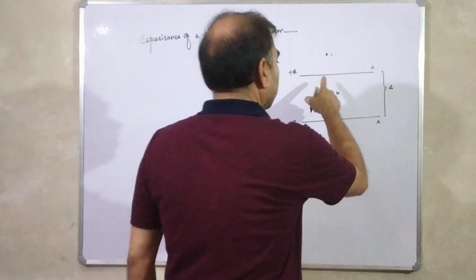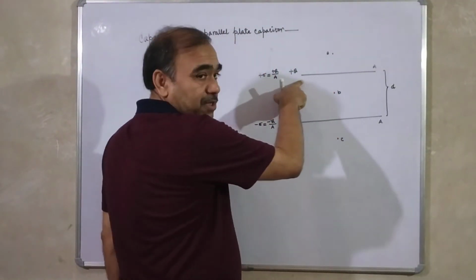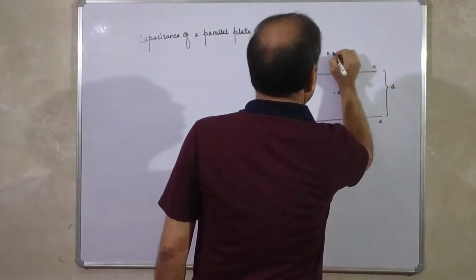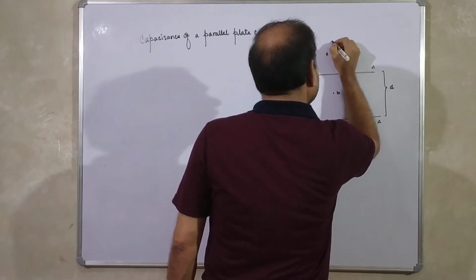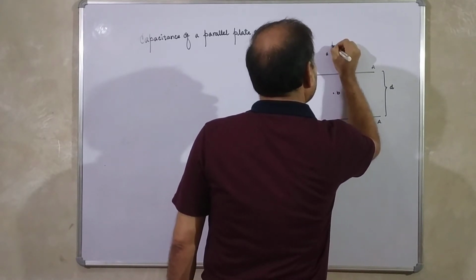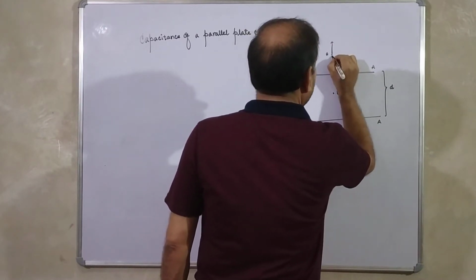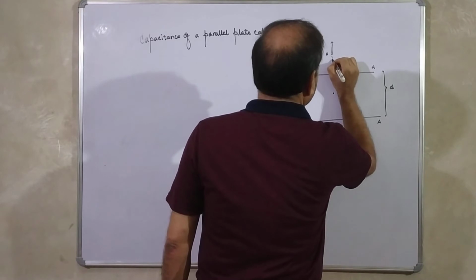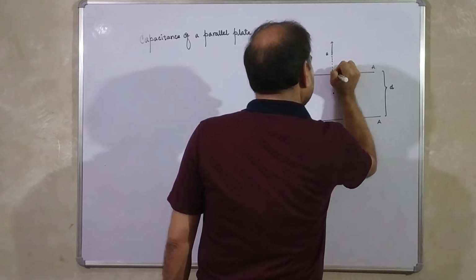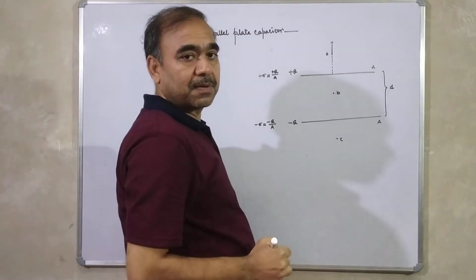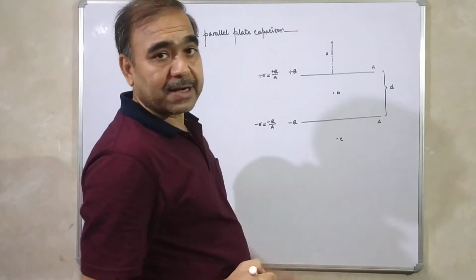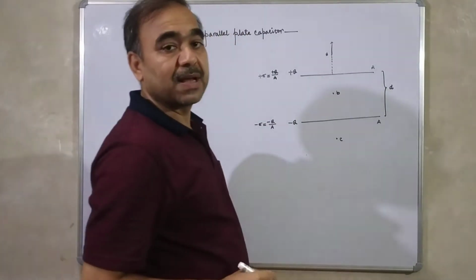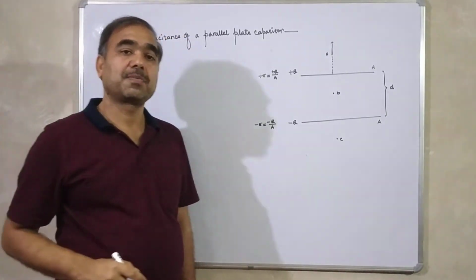Therefore, due to this plate, which is positive, the direction of the electric field at this point A will be along this. If you extend it backward, it will be perpendicular to the first plate, where the charge is plus Q.